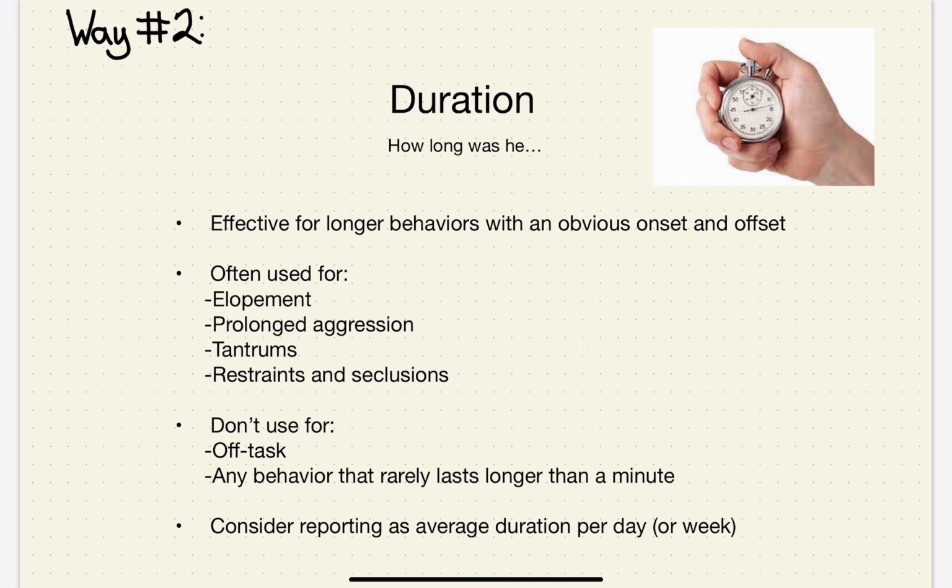Or tantrums, or restraints and seclusions. These are all things where duration would be the type of information that we'd want to collect. You wouldn't use this most of the time for off-task behavior or any behavior that really lasts longer than a minute. So this is not for those types of information.